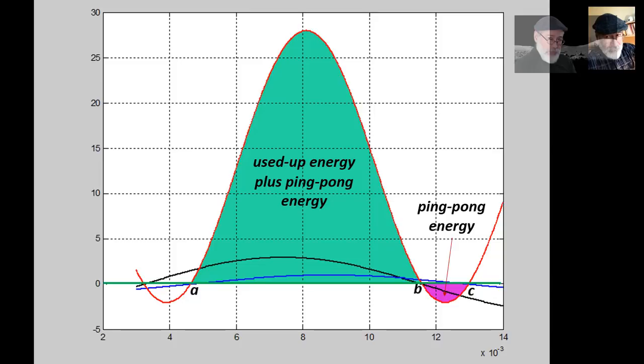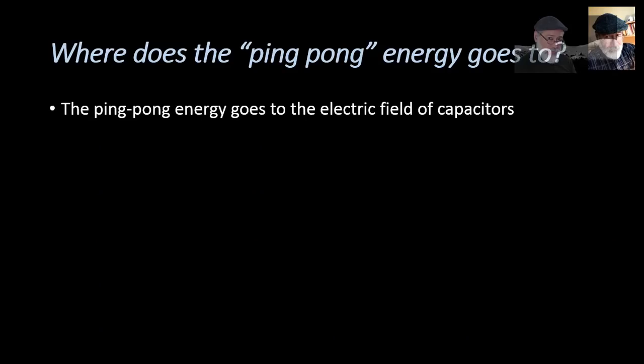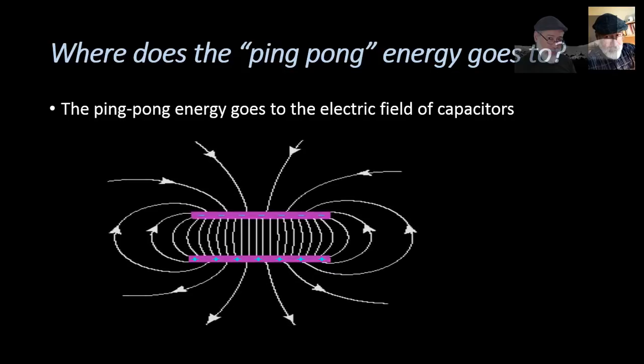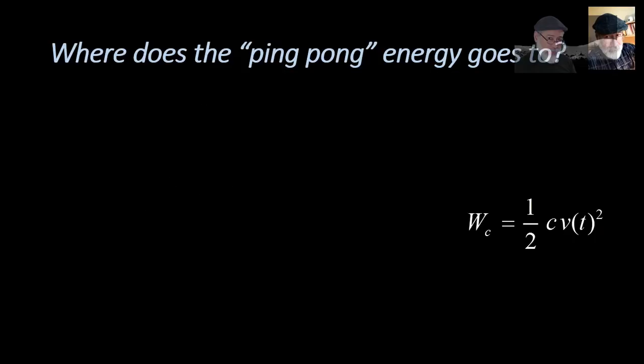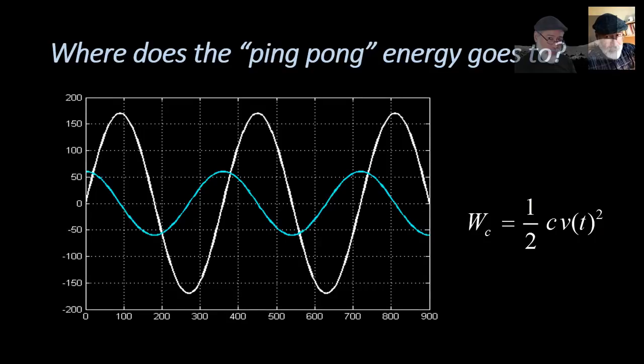Where does that load keep that ping pong energy? Let's see. The ping pong energy goes to the electric field of capacitors. Remember there is energy there? The energy in the capacitor stored in its field is proportional to the square of the voltage in the capacitor. But this is AC steady state. The voltage in the capacitor is a sinusoid, that white curve.